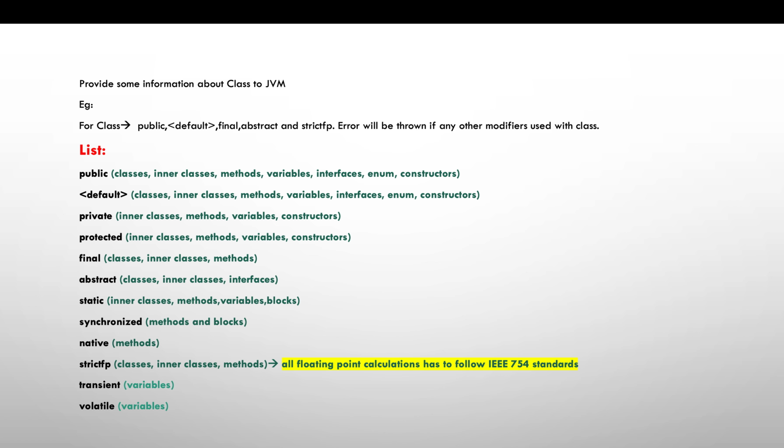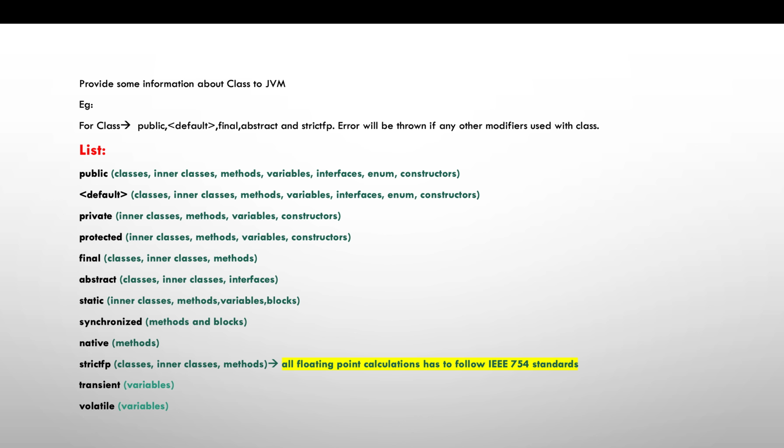The next one is the final access modifier. It can be applied to a class, outer class, inner class, and methods. Once we declare a class as final, it cannot be extended. If a method is declared as final, it cannot be overridden.